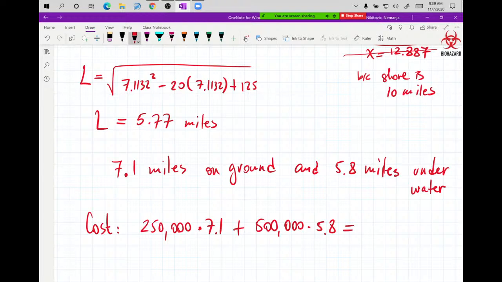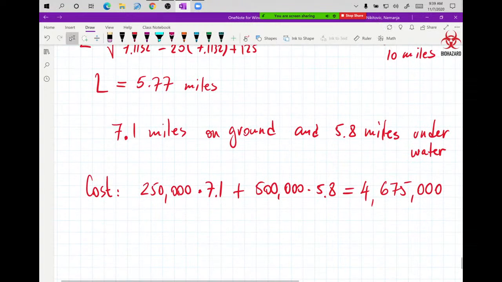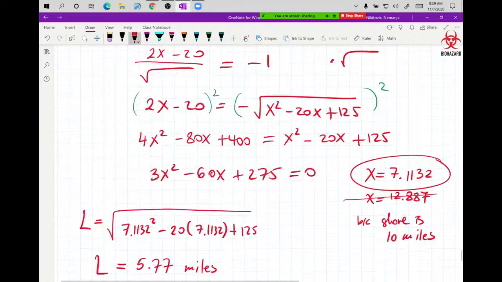So 250,000 times 7.1 plus 500,000 times 5.8 to give us 4,675,000. There we go. So the red one in comparison to the black one, right?